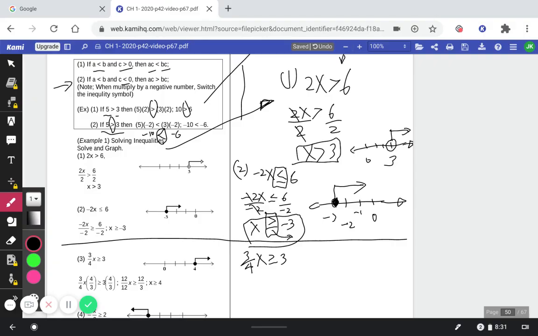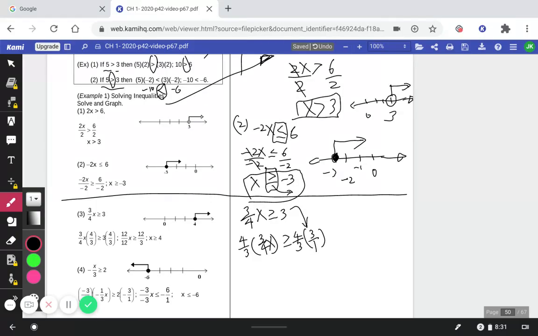So you multiply 4/3 times 3/4 x is bigger than or equal to 4/3 times 3. Notice that 3 becomes 3/1 to show it in fractional format. And then this automatically cancels the 3s and the 4s.